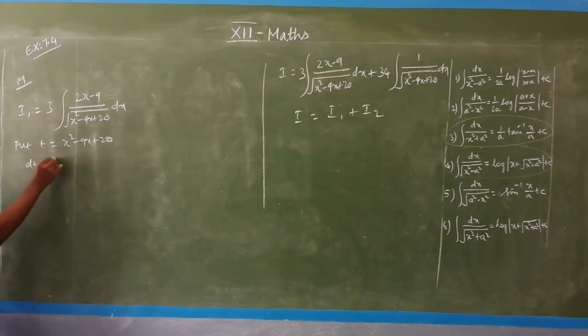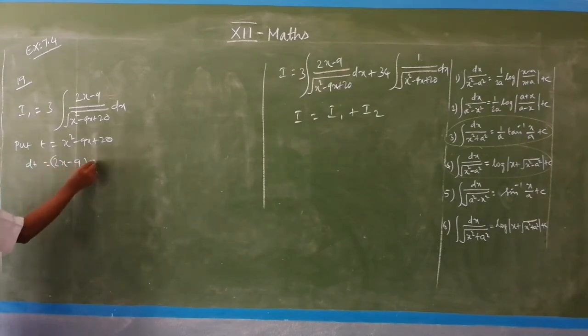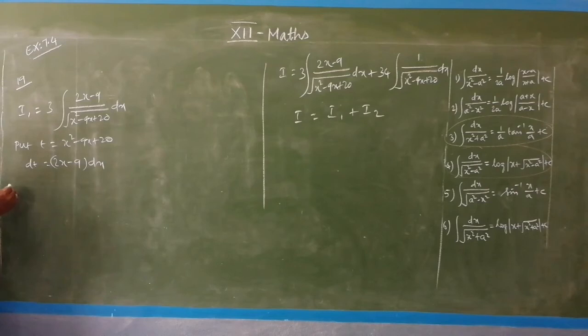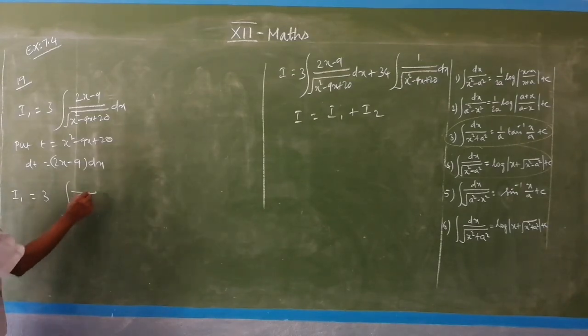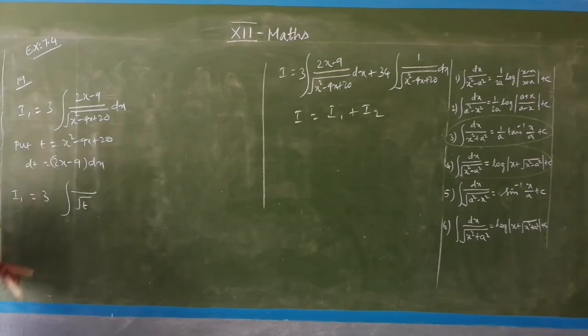So, dt equal to (2x minus 9) into dx. Now, substituting, I1 becomes 3 into integral of dt by root t.